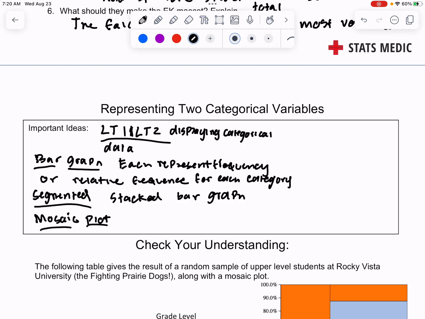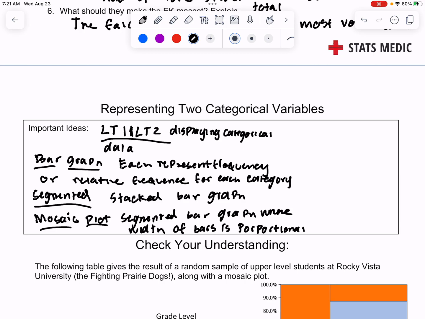A Mosaic plot is just a segmented bar graph, so it's still stacked on top of each other, but the width represents sample size. Another way of saying that is the width of the bars is proportional to the group size.